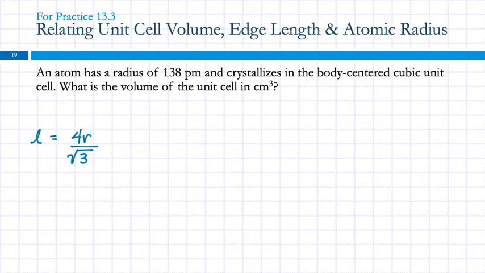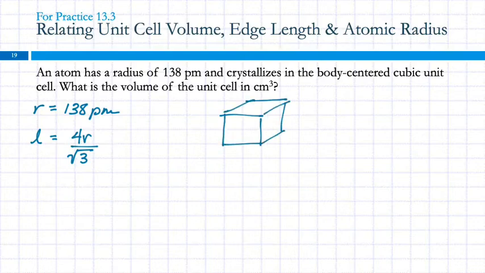Okay, this is saying that the radius of an atom is 138. So radius equals 138 picometers. And it wants the volume. So these unit cells are cubes.